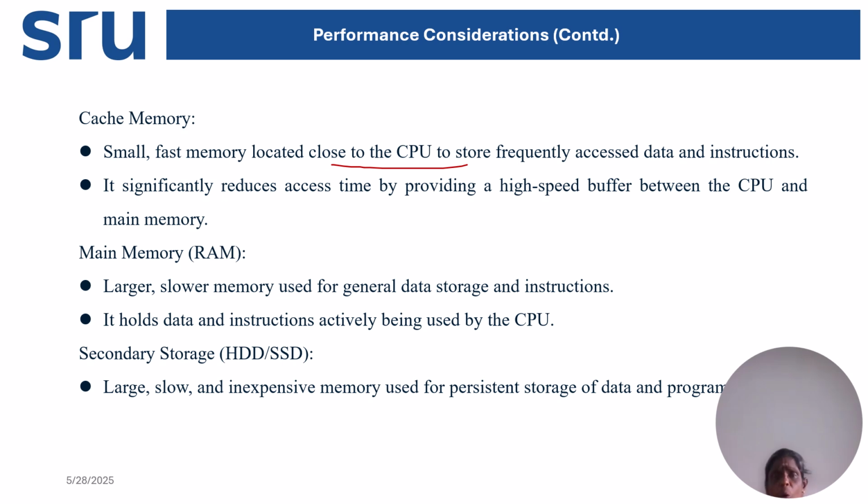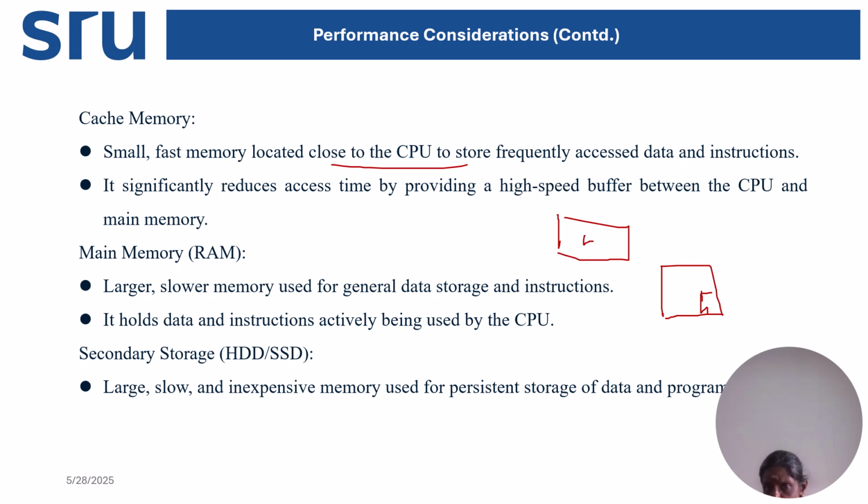For that, one small example: suppose on a keyboard there are 0, 1, 2, 3, 4, 5, and 5 is located here. This 5 is the most commonly used number and it is stored in cache.